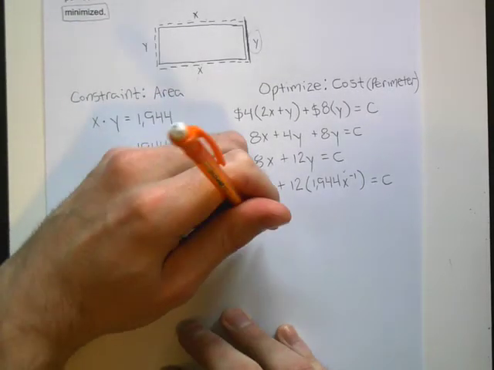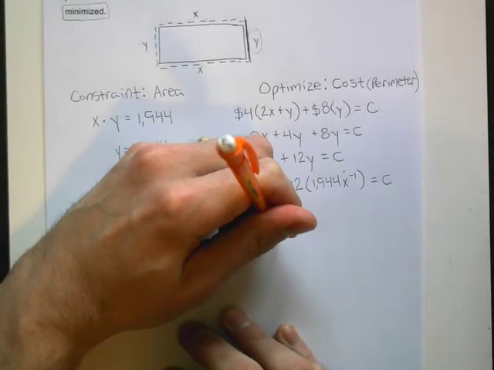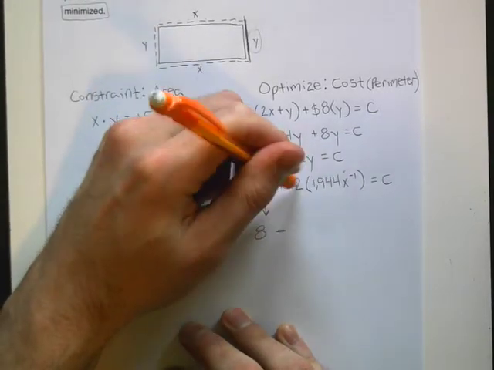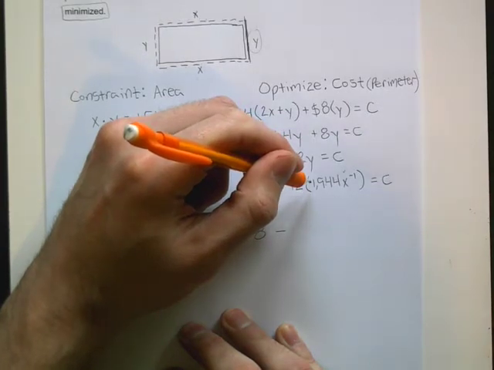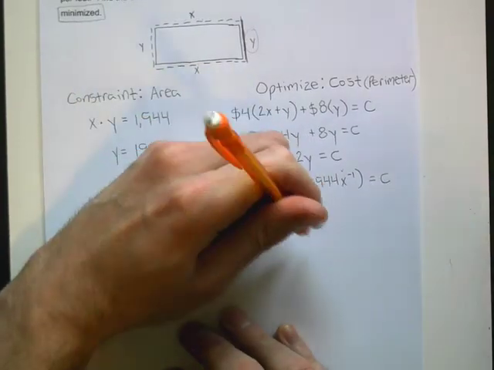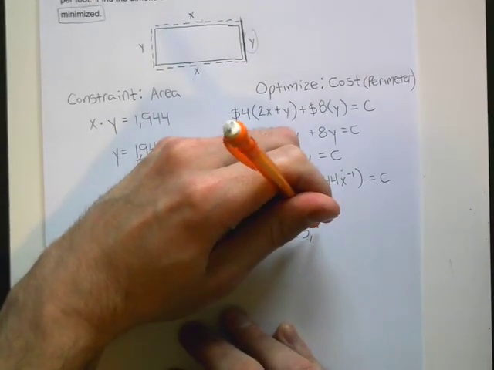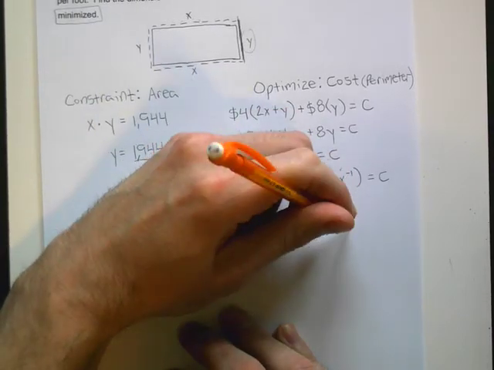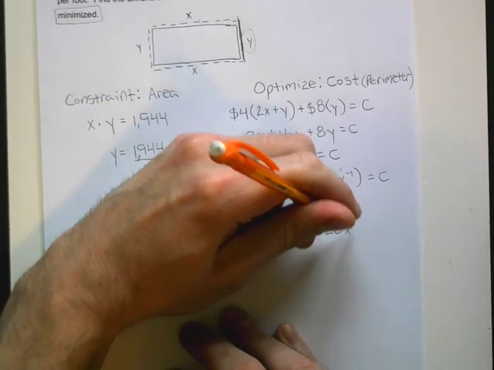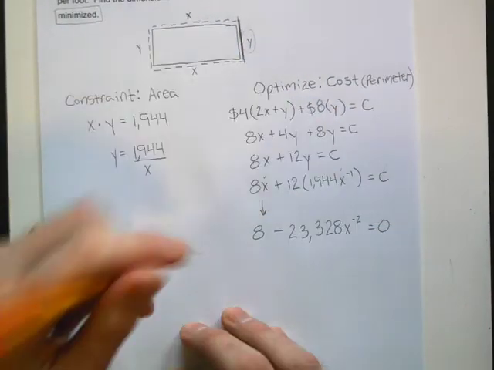The derivative of this equation would be 8 minus, I'm going to multiply these two together and then bring the -1 out front, that would be 23,328 x to the -2nd, and when I take the derivative of this constant, it becomes 0.